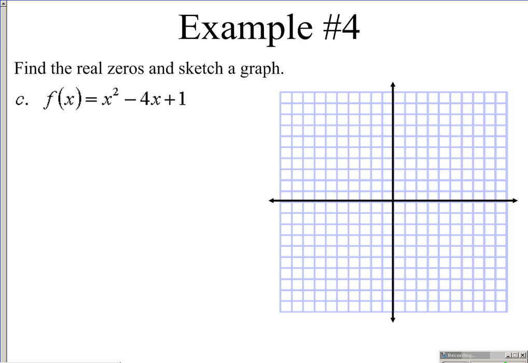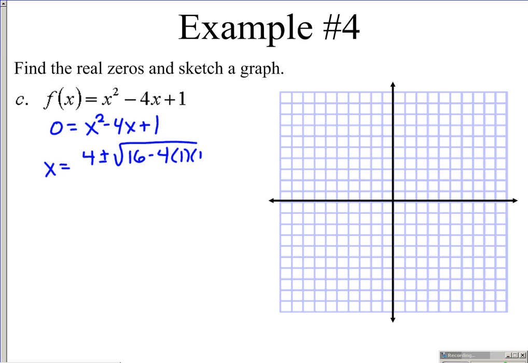Last one. Again, plug in 0 for y. This is not factorable, so once again, we need to go to the quadratic formula. Opposite of b, plus or minus the square root of b squared minus 4ac all over 2a. Simplify underneath that radical. 16 minus 4 is 12.